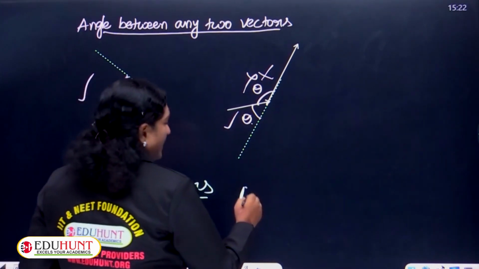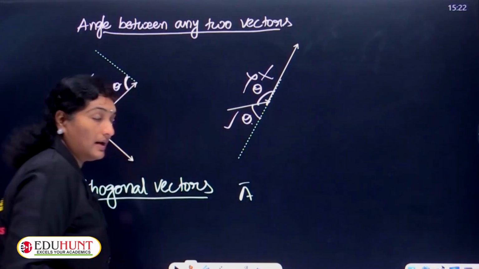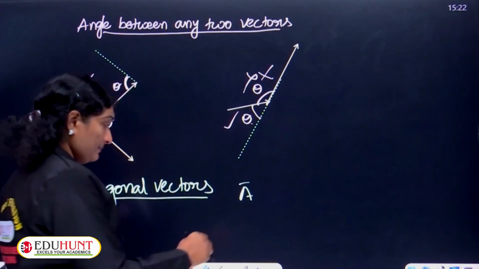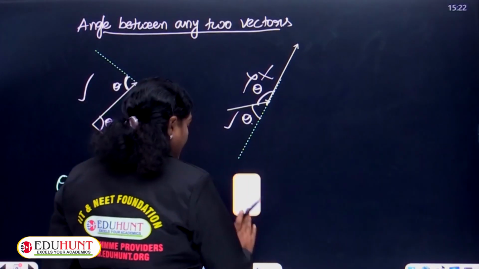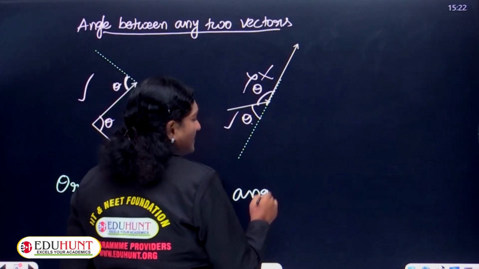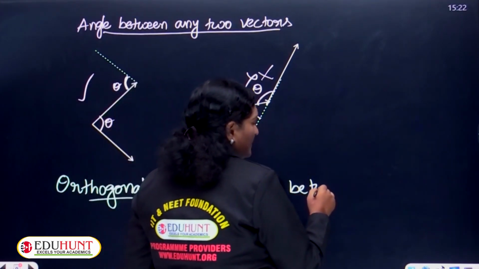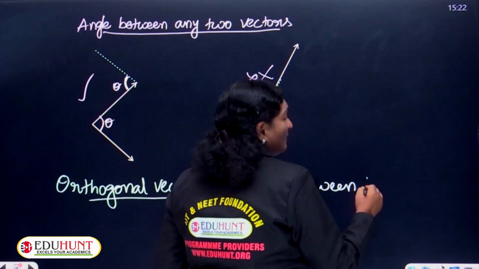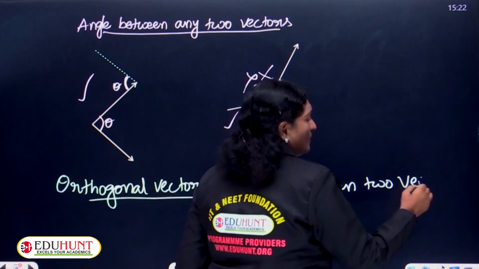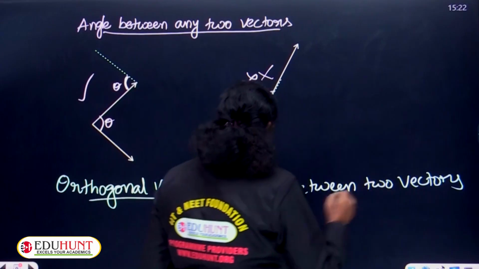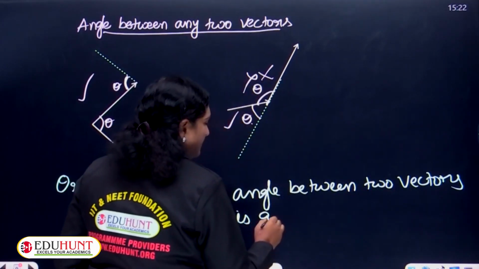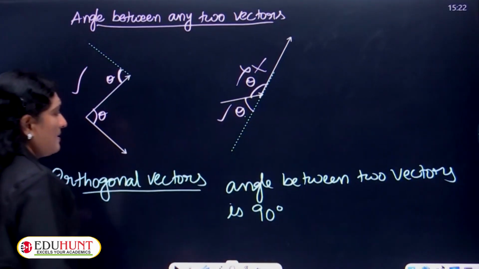Two vectors A bar and B bar are said to be orthogonal if the angle between the two vectors is 90 degrees. How much is that, children? The angle between two vectors must be equal to 90 degrees. Let me explain with an example.